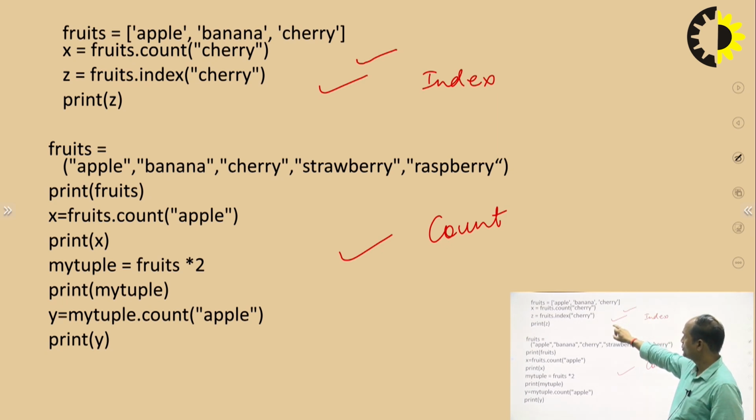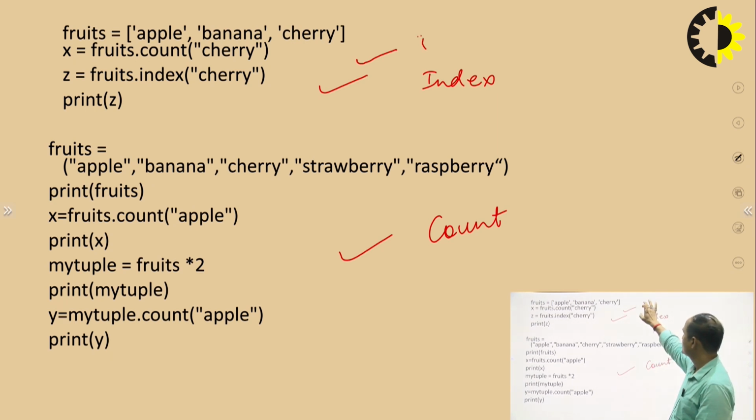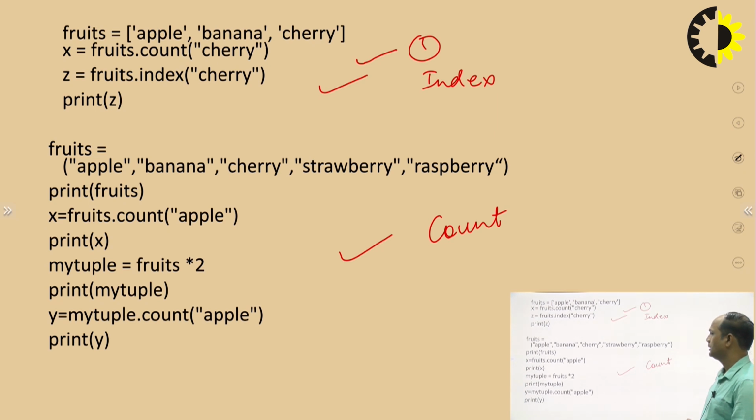It gives how many times cherry appears, so it gives 1. And what is the output of z? What is the index number of cherry? The positions are 0, 1 and 2, so it gives 2.